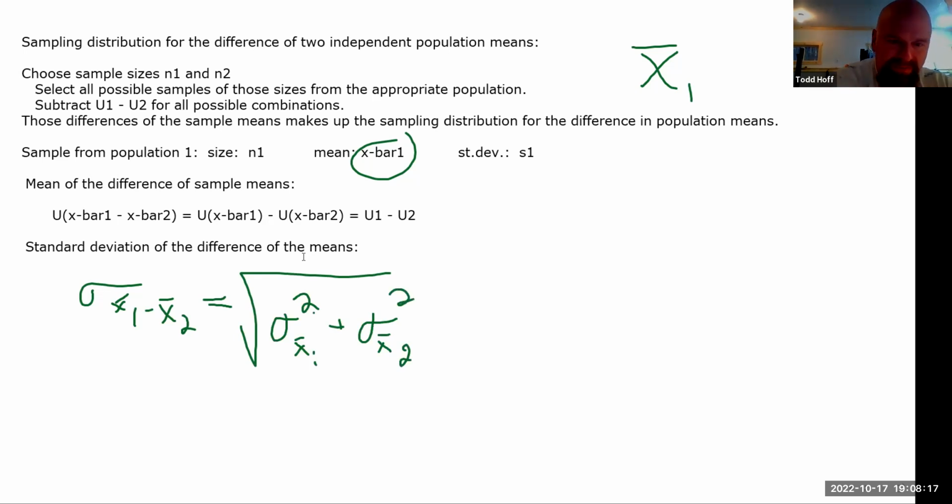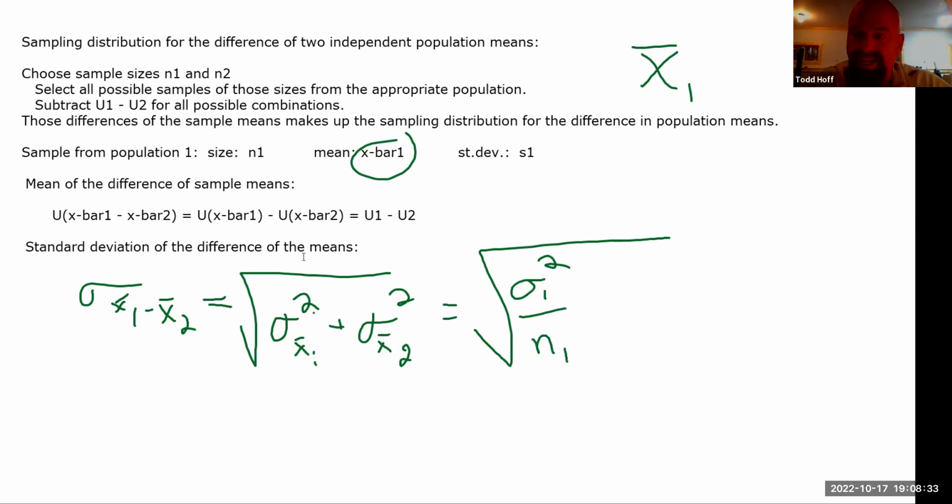Now, we don't have those actual standard deviations, so we have to estimate those with the population standard deviation. So that's sigma 1 squared over N1, remember, we have to use the population standard deviation divided by the sample size, plus sigma 2 squared over N2, the size of the sample from population 2.